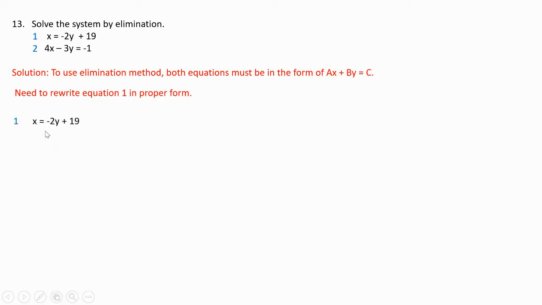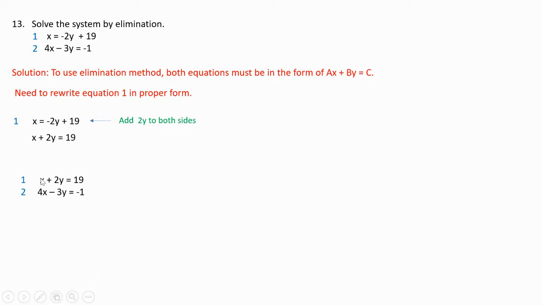We need ax plus by on the left side and the constant c on the right, so I need to add 2y to both sides. So x plus 2y equals 19. Now it's in proper form. This is equation 1 rewritten, and equation 2 is already in the ax plus by equals c format.